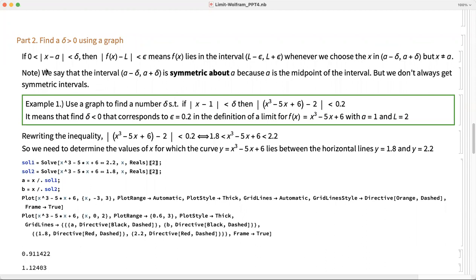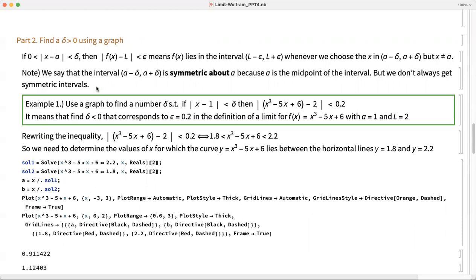Let's see, the statement if |x − a| < delta, then |f(x) − L| < epsilon, means that f(x) lies in the interval (L − epsilon, L + epsilon) whenever we choose x in that interval, but x is not equal to a.